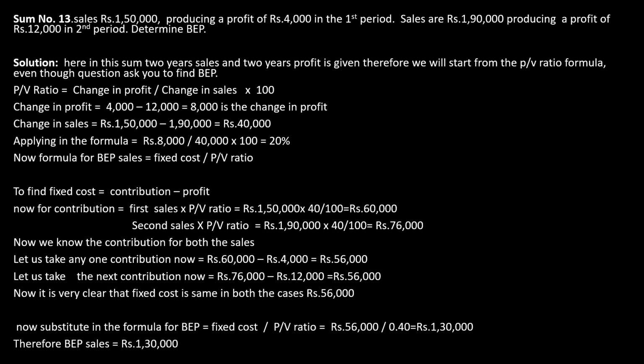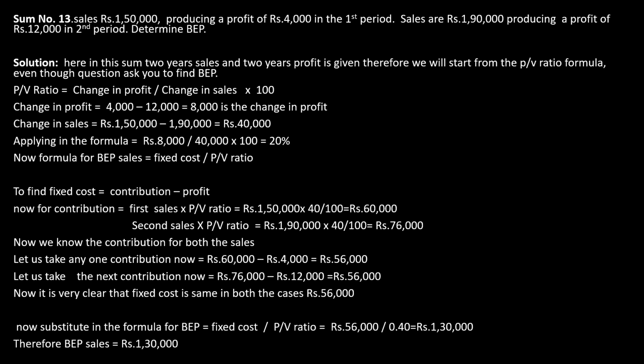For finding PV ratio, we are going to use change in profit by change in sales into 100. We know two sales are given there. The first sale is 1,50,000. The second sale is 1,90,000, which means the change in sales is 40,000 rupees. In the same way, the profit for the first period is 4,000 and the profit for the second period is 12,000.